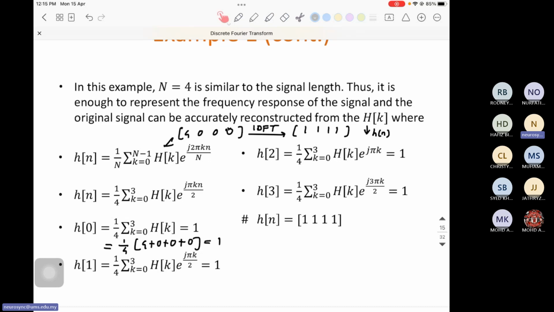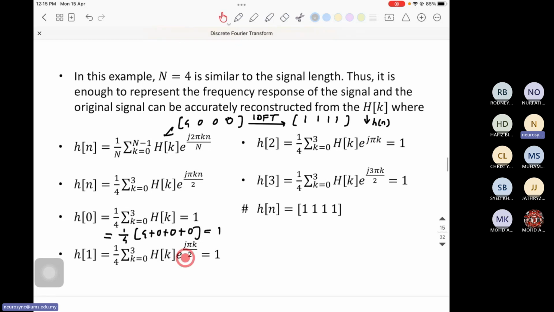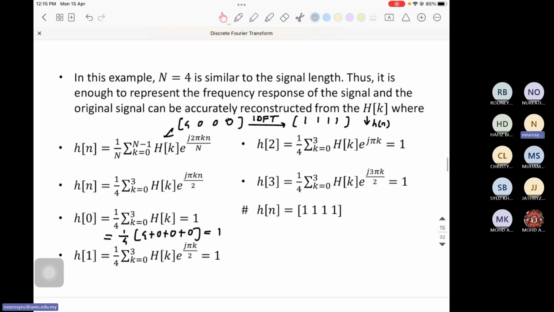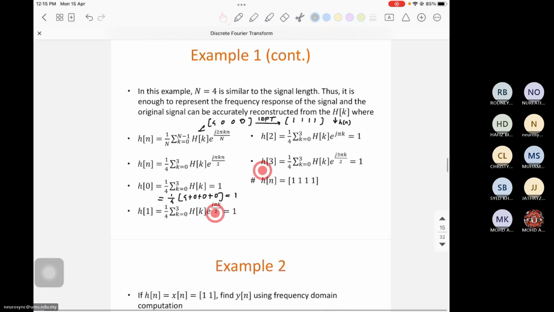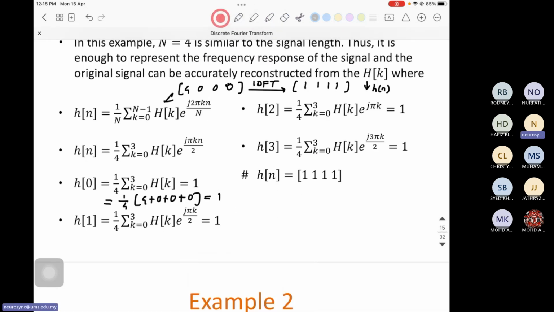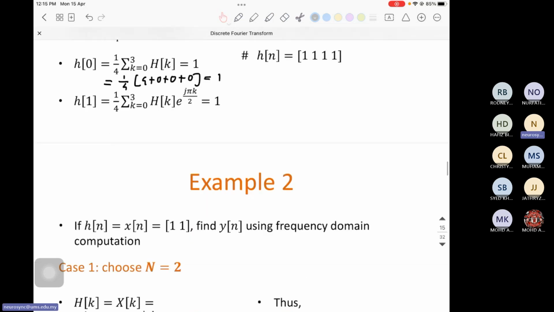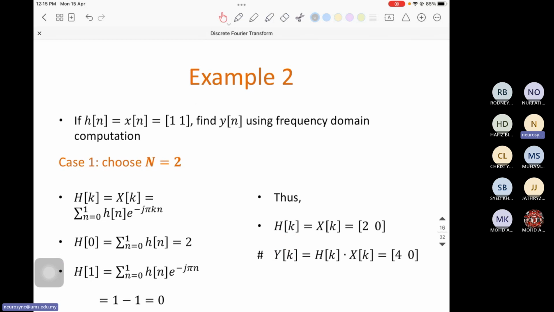You cannot directly write the answer; you have to write it stepwise. After doing the calculation, you will get value 1 for h of 1, h of 2 also you will get 1, and h of 3 also you will get 1. So you will get the original h of n signal. We got the original signal using the inverse DFT.